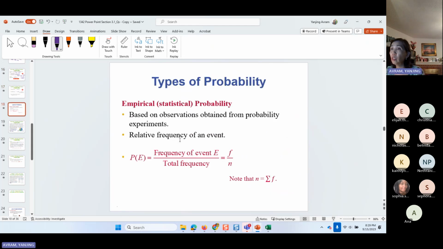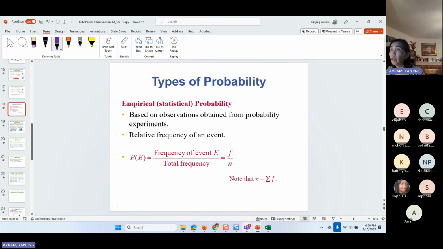All right, so we're going to talk about the empirical rule, one of the 3 different types of probability. One is called the empirical rule or statistical probability. It's based on the observations obtained from the experiments. The relative frequency of the event is the frequency of the event f divided by the total frequency n.